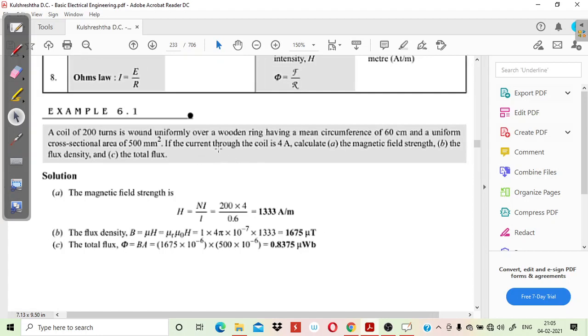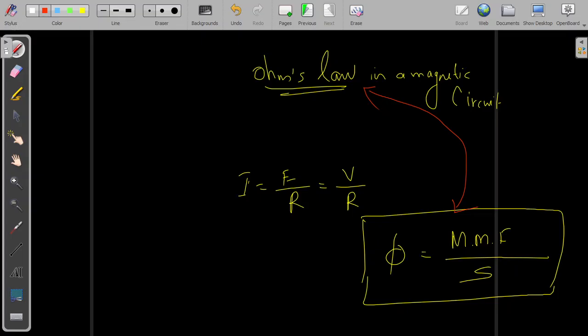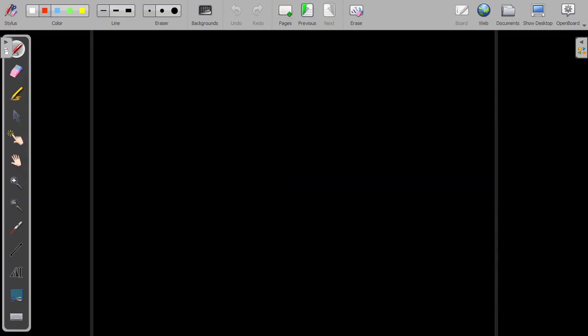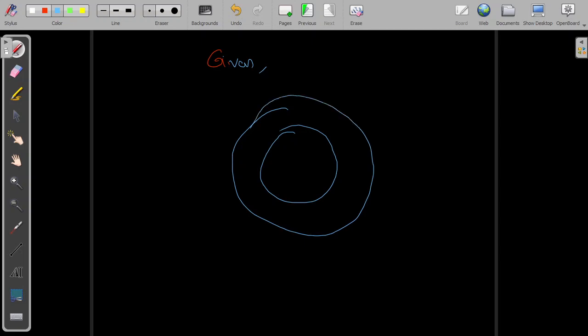Here the examiner has given a wooden ring like this, and in that, winding is placed like this.